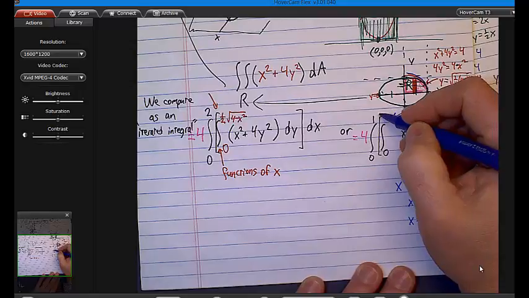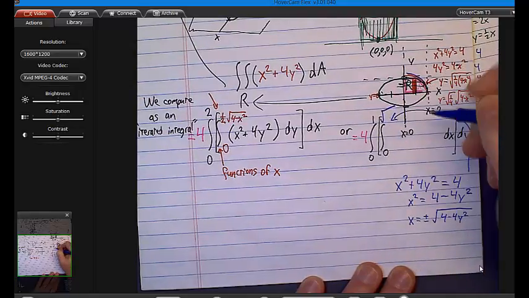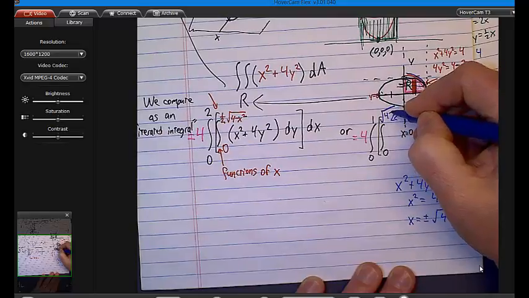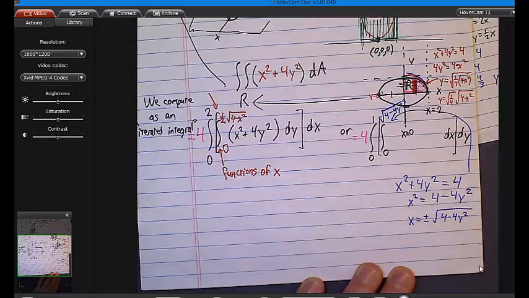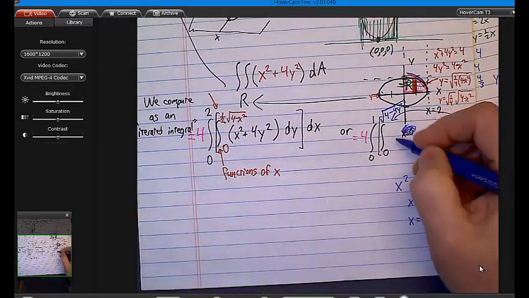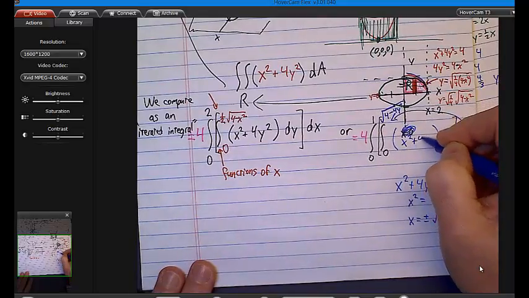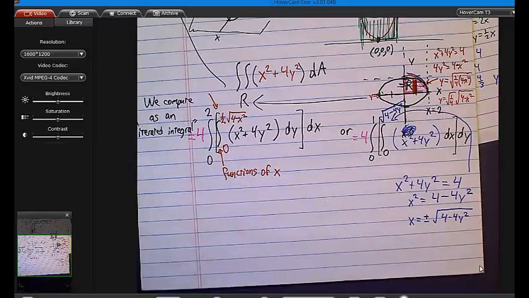So right here we would put the square root of 4 minus 4y squared. And then again, what are we integrating? Excuse me, x equals 0, you got in the way. We're integrating, again, x squared plus 4y squared. Are you with me? Okay.